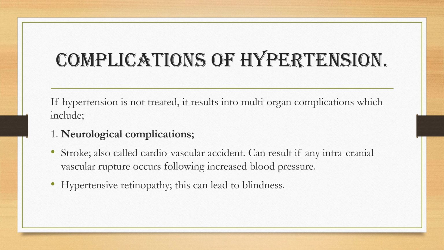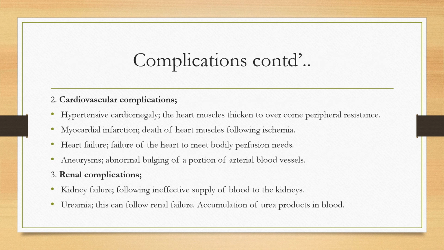Okay, so still we can have cardiovascular complications like hypertensive cardiomegaly. This one, it's when the heart is trying to overcome resistance, we do get hypertrophy of the heart muscles, the myocardium, and because of this hypertrophy, we shall get this hypertensive cardiomegaly.